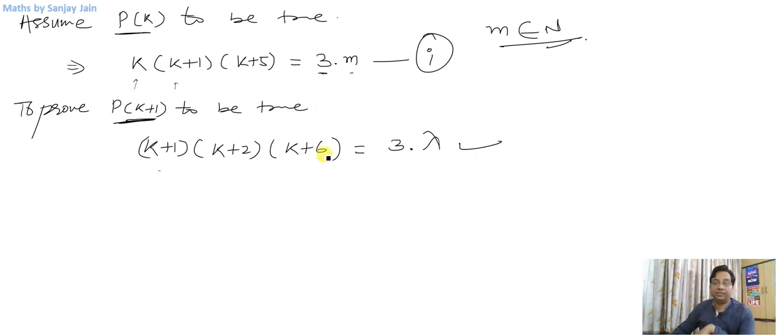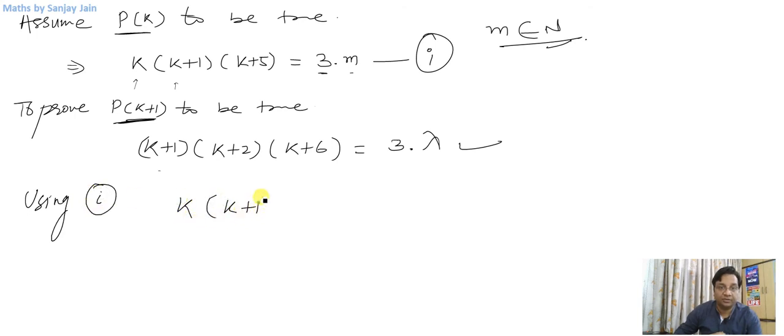Alright, so let's see how we can do that. So using 1, what is the first equation? k into k plus 1 into k plus 5 equals 3m, right? If I open this, what can I write here is k cubed, or you do it the way you want to do it. Okay, let me do it step by step.